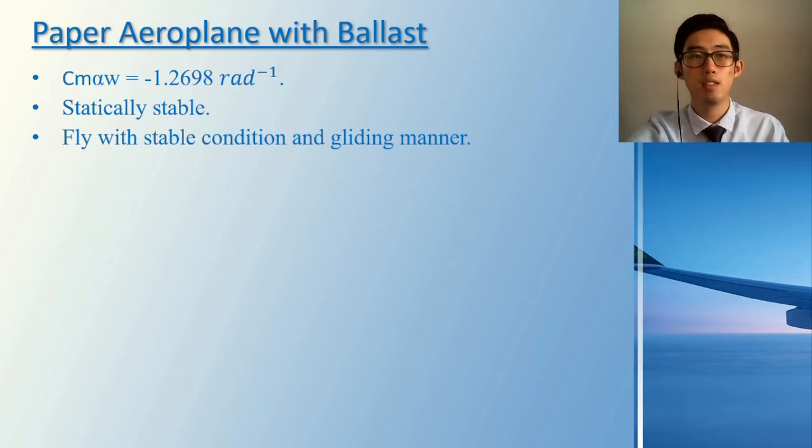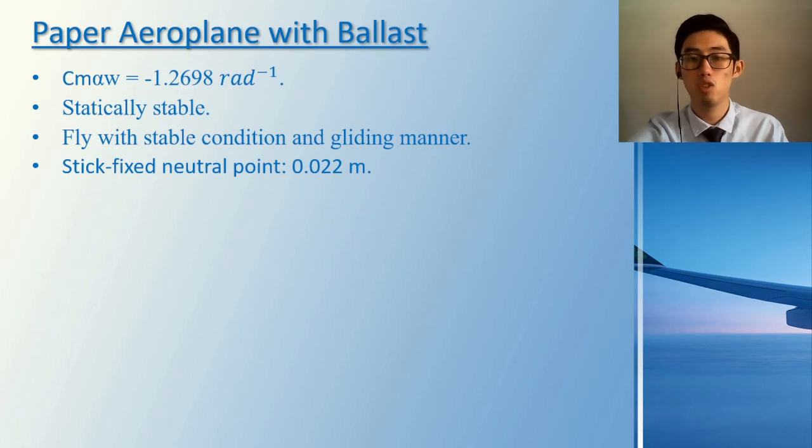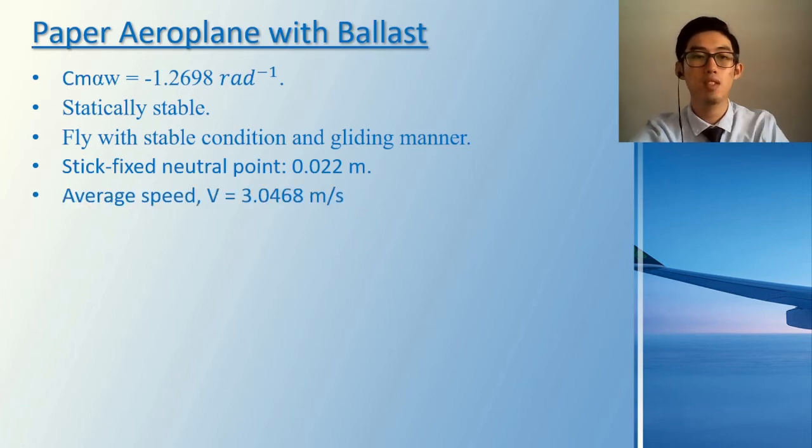During the flight test, I observed that paper aeroplane with ballast flies with stable condition and gliding manner. The stick fixed neutral point is 0.022 meter. After the 10-time flight test, the average speed of paper aeroplane is 3.0468 meter per second.